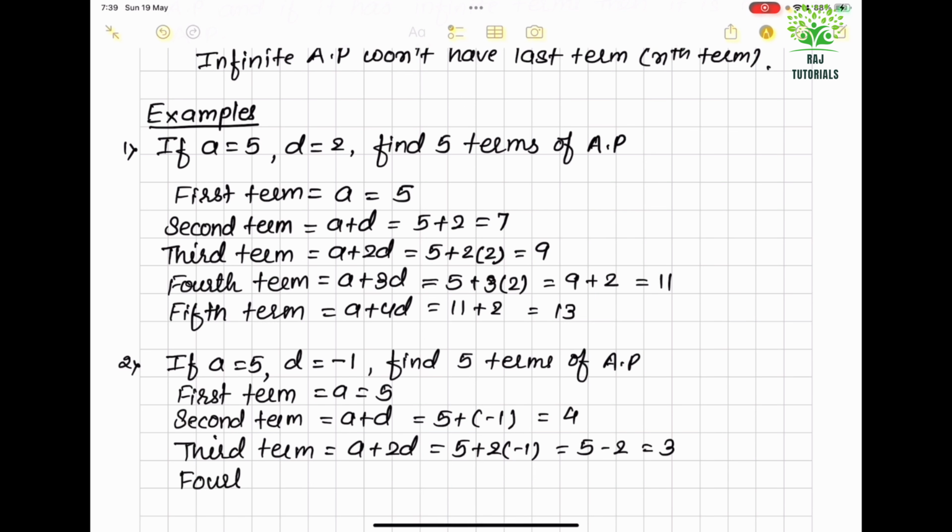Fourth term is A plus 3D, so that will be 5 plus 3 into minus 1, so 5 minus 3, that is 2.